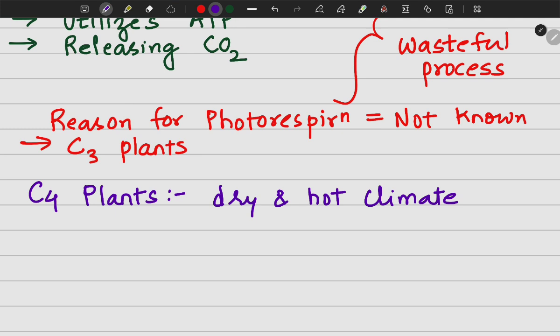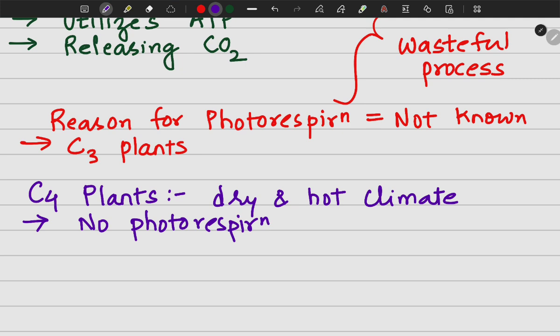And since they grow in the region with high temperature and high light intensity, their stomata would be closed most of the times, right? And when the stomata closes, we know that photorespiration might occur. And photorespiration does not benefit the plant in any way. So these C4 plants have evolved with time and they have developed some adaptations inside their leaves to prevent photorespiration. So there is no photorespiration in C4 plants.